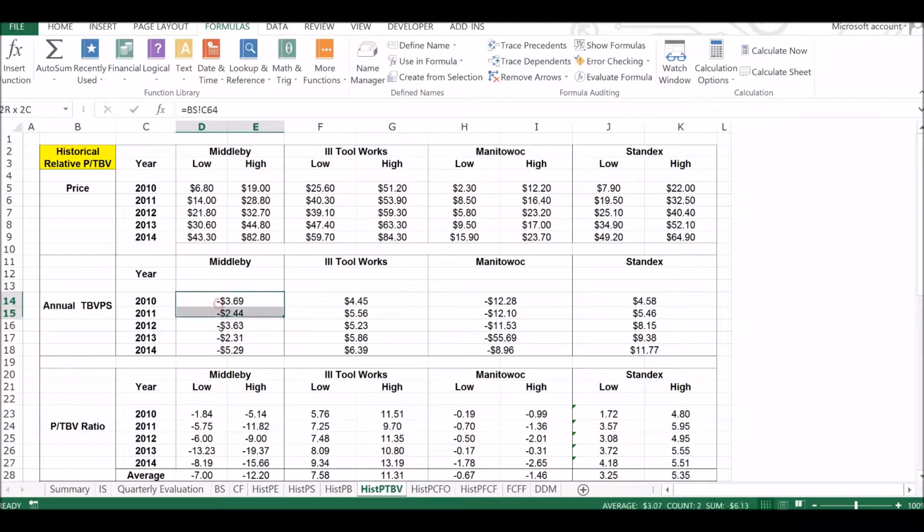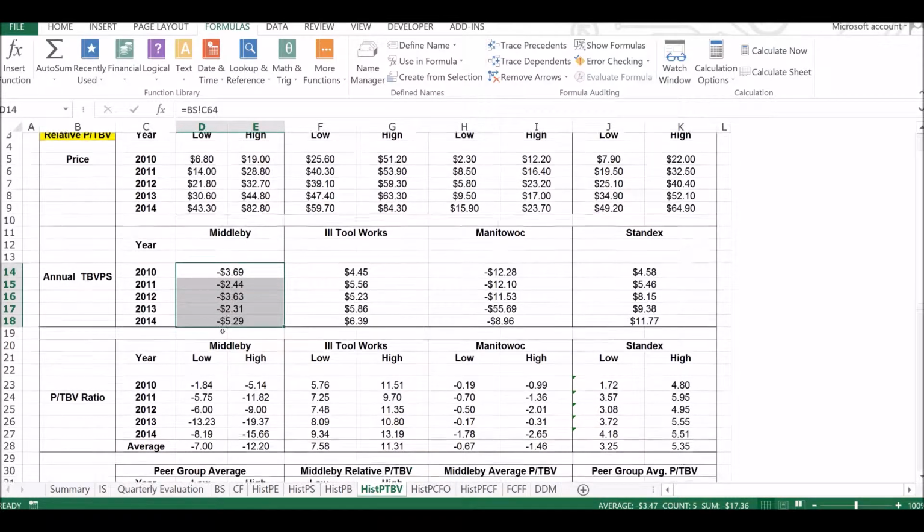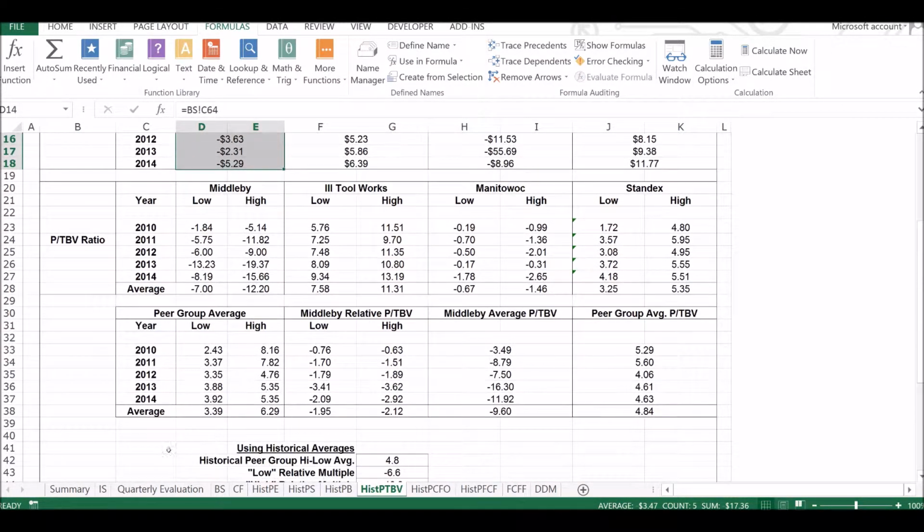So in this case, you can see that Middleby has negative tangible book value, meaning that it's really only worth something if it continues operating under its same name. So again, you wouldn't want to use this if there is negative tangible book value for your particular company, because it will mess up the valuation.